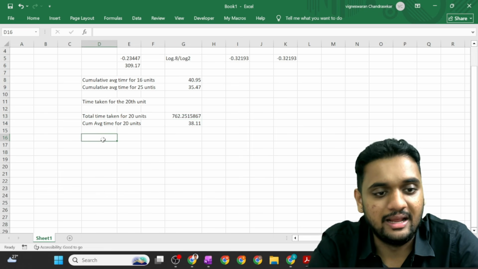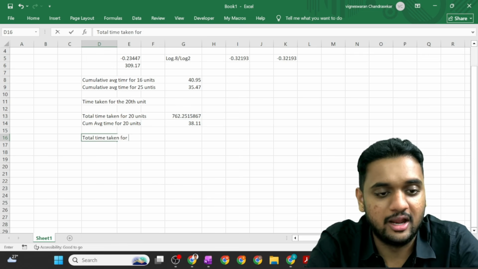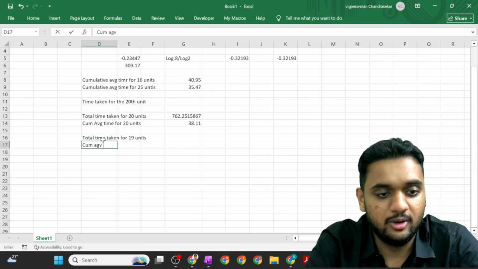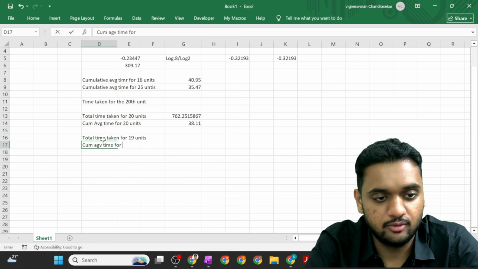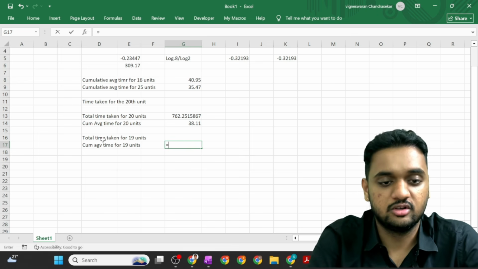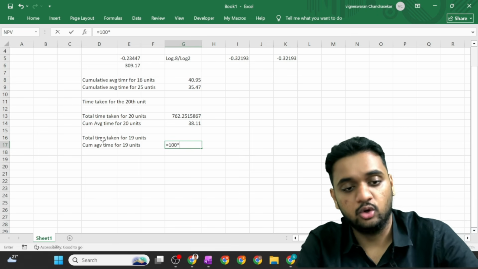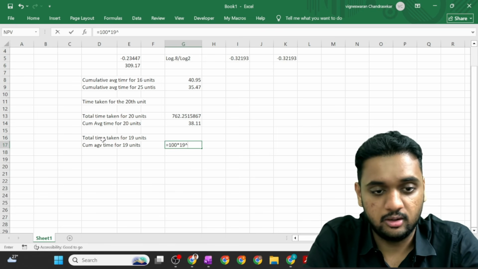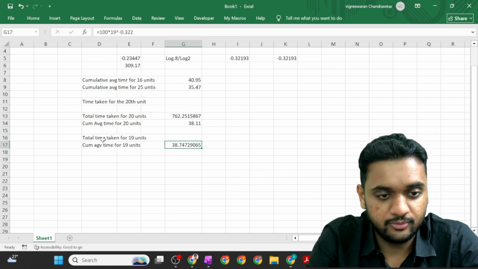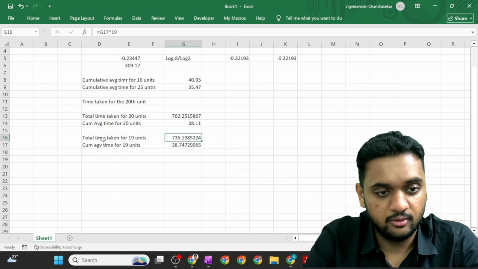Next, total time taken for 19 units. We have to find out. For the first part, you have to find out the cumulative average time for 19 units. How will you find out the cumulative average for 19 units? Is equal to 100 into 19 to the power minus 0.322, is equal to this, into 19.